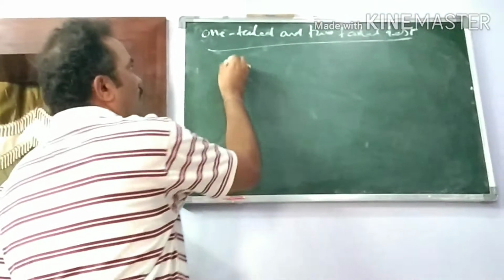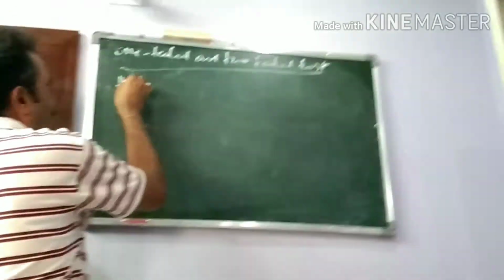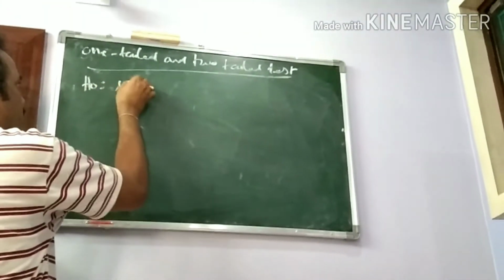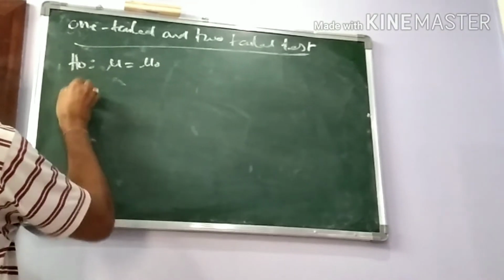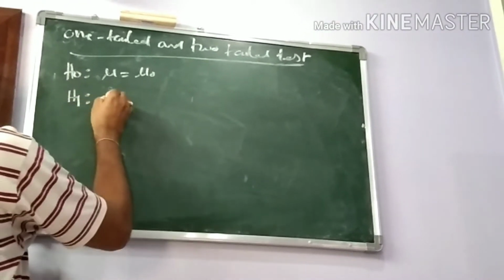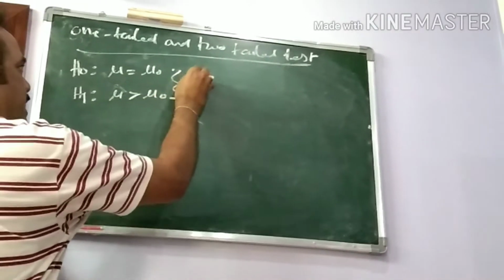For example, for the population mean problem, take the null hypothesis H naught: mu equal to mu naught, against the alternate hypothesis H1: mu greater than mu naught. This is the right-tailed test.